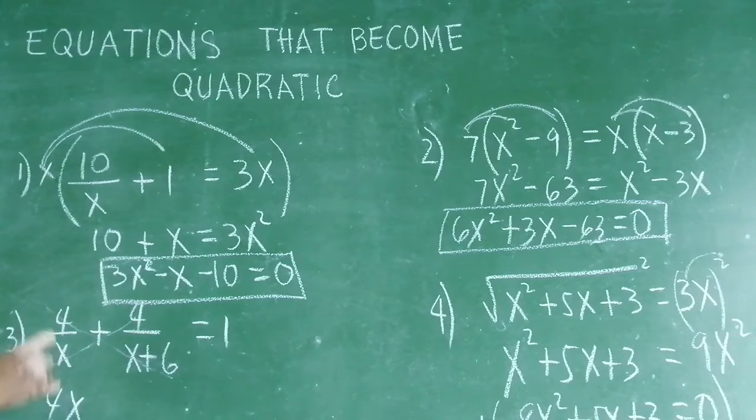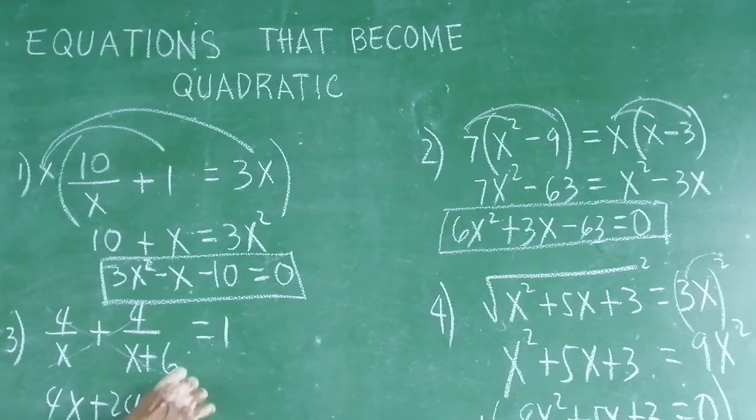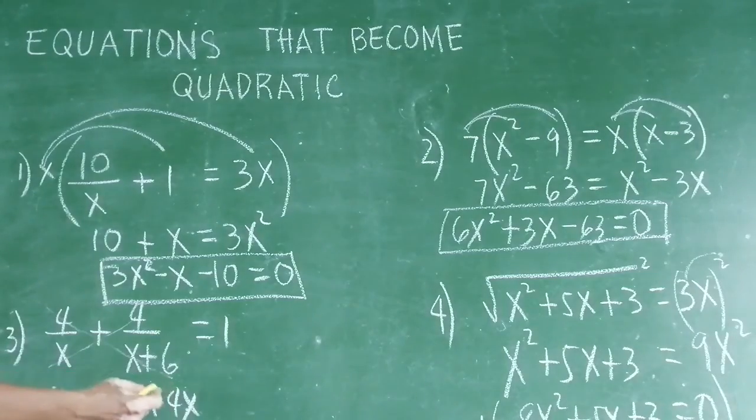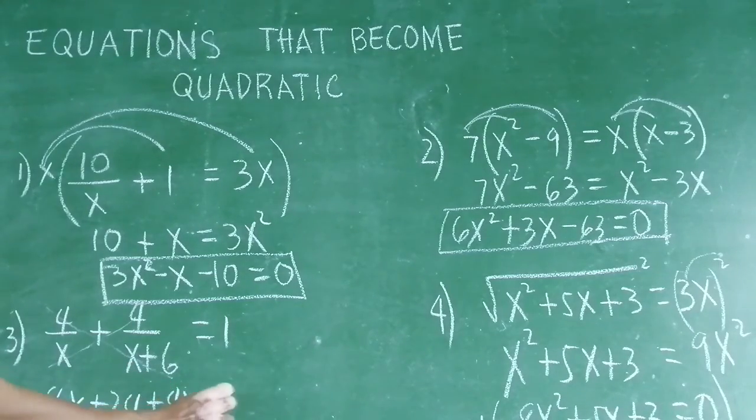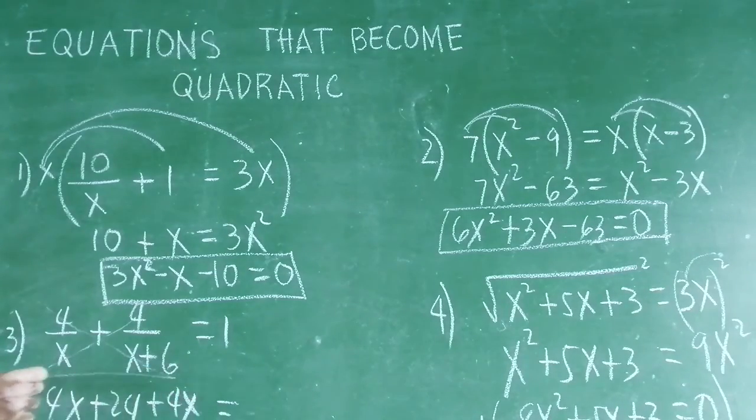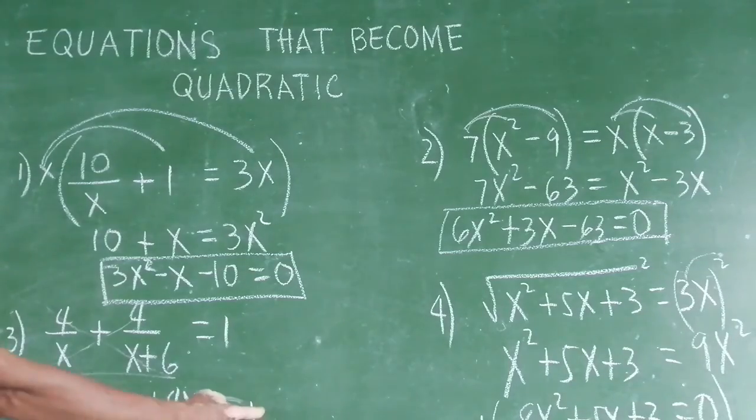4x, 4 times 6 is 24, plus 4x, and then multiply the denominator, so that will become x squared plus 6x, and then we are going to multiply to the 1 here.